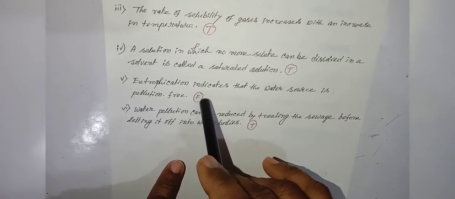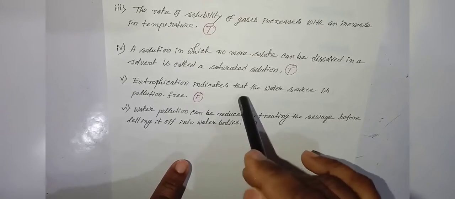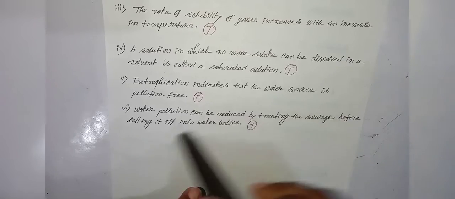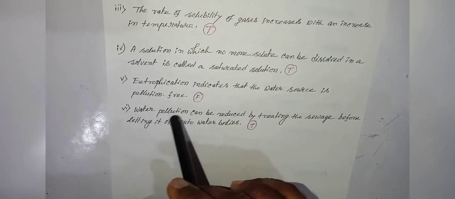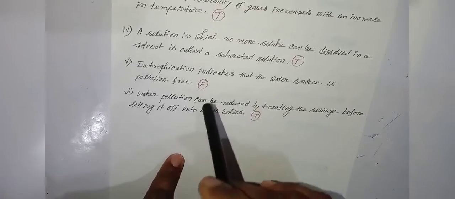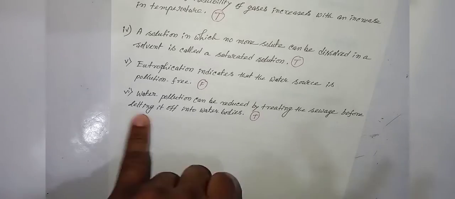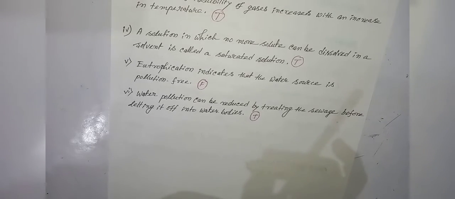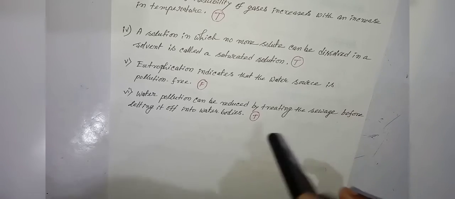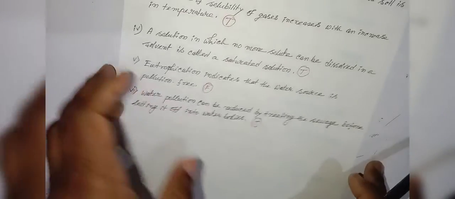Eutrophication indicates that the water source is pollution free. That is false. Water pollution can be reduced by treating the sewage before letting it off into water bodies. That is true.